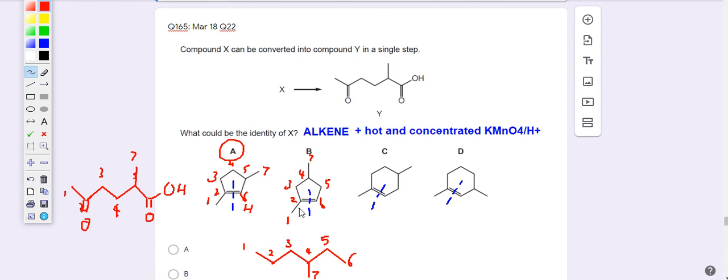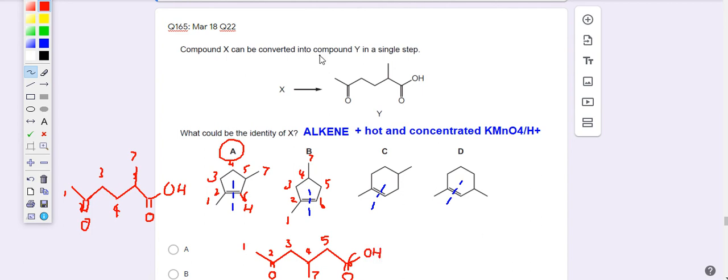Again, carbon number 2 and 6 were sharing the double bond. Now it's broken open. Carbon number 2 gets a double bond and an O, and 6 also a double bond and OH.